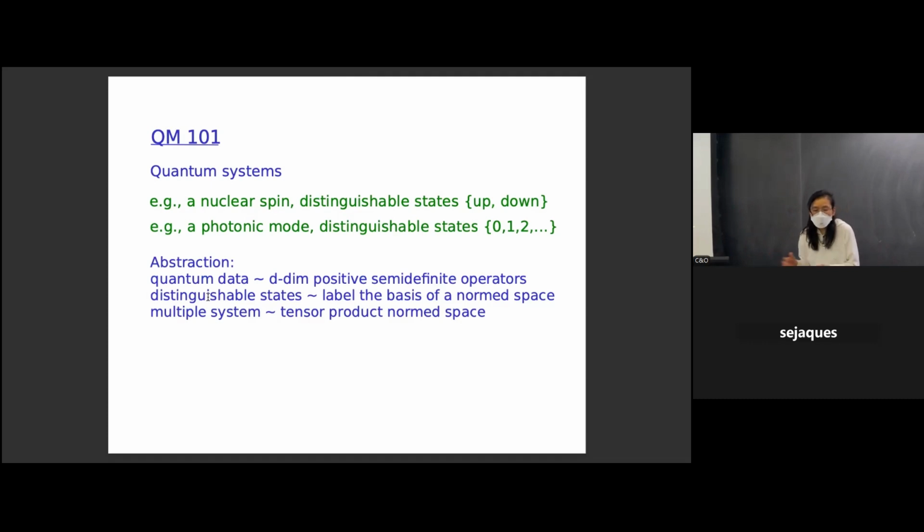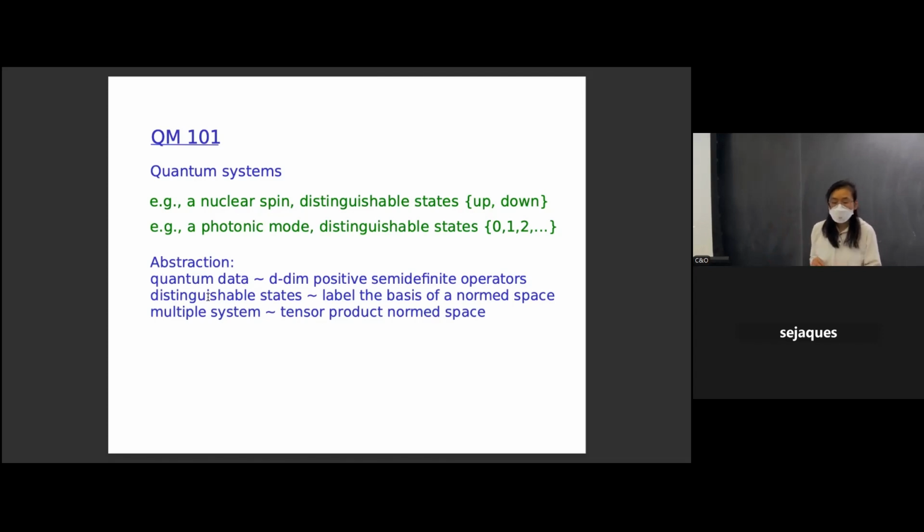So then you can abstract to what would describe quantum data. Mathematically, these are D by D positive semi-definite operators. So just matrices that have non-negative eigenvalues. They have to be trace one, I forgot to write it on the board. And the distinguishable states are the labels for the basis for that Hilbert space that we associate with the quantum system.